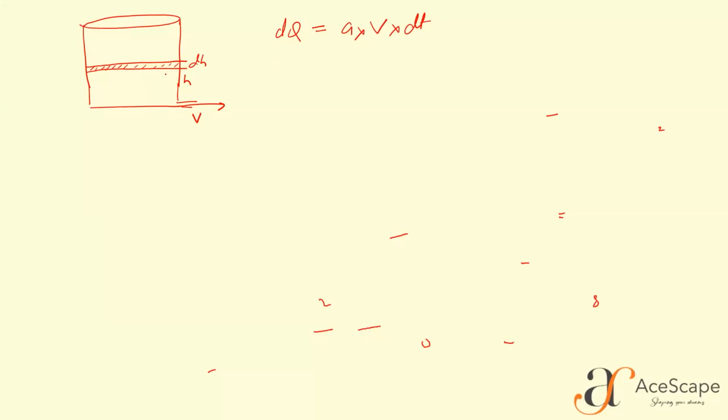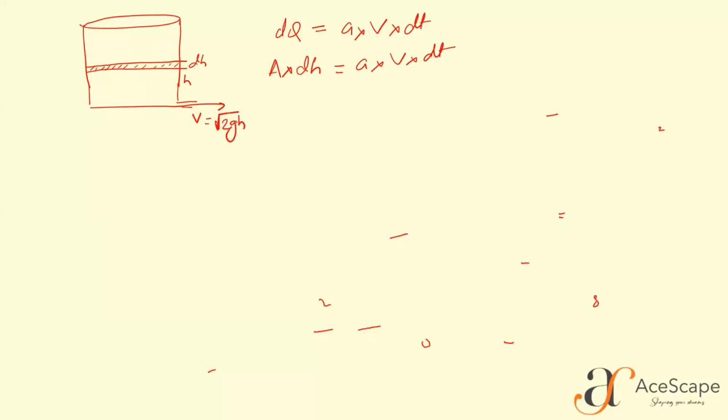So we can write the capital area, the area of the tank, into dh is the elemental volume, which equals a into v into dt. And we know that if the water level is h, then the velocity from the orifice is given by the expression √2gh.